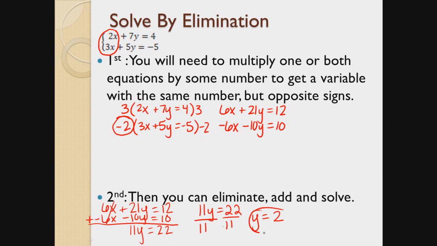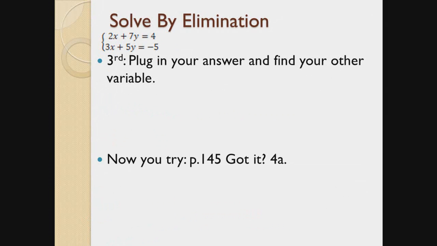So now we know what y is, we need to find x. We can plug y in to one of these two equations or one of the two original equations. So let's plug our answer in to the first equation. Let's take 2x plus 7y equals 4 and plug in the 2 for y.